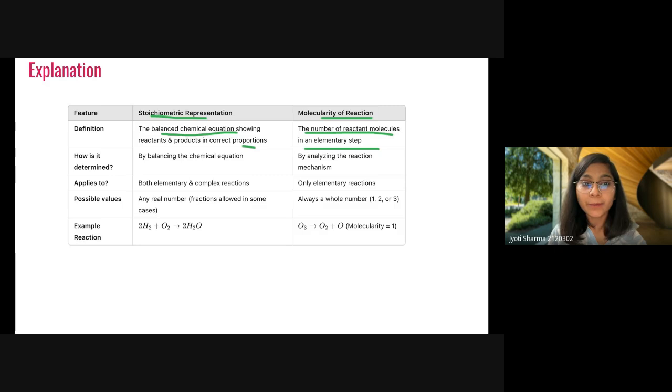For stoichiometry, it is determined by balancing the chemical equation, but for molecularity, by analyzing the reaction mechanism. The stoichiometric representation applies to both elementary and complex reactions, but as I told you, if we want to calculate the molecularity, then it will always be an elementary reaction. The stoichiometric coefficient can be any real number, and molecularity will always give you a whole number. And this is one of the examples from where you can learn.